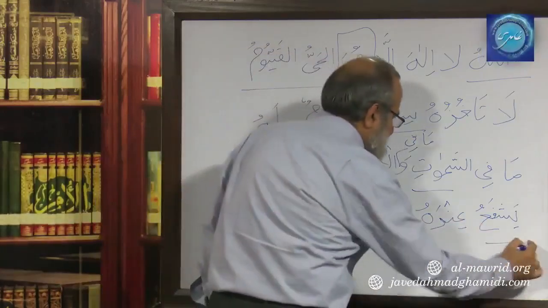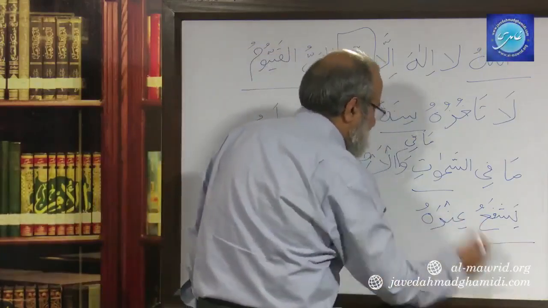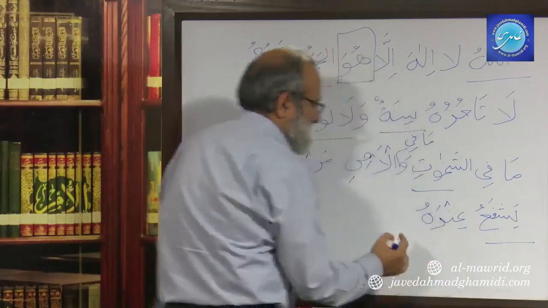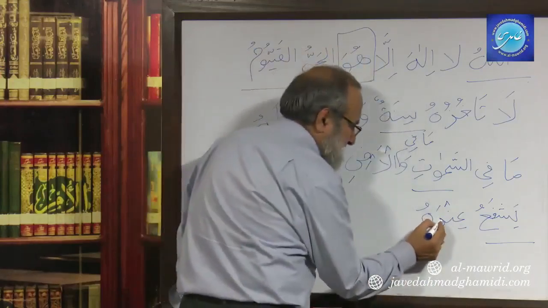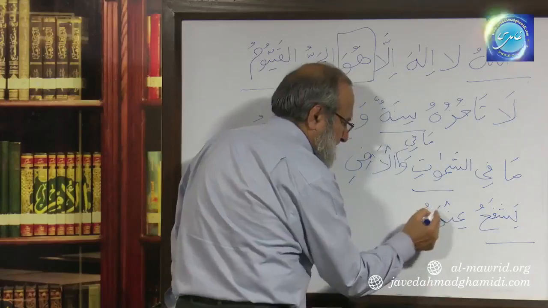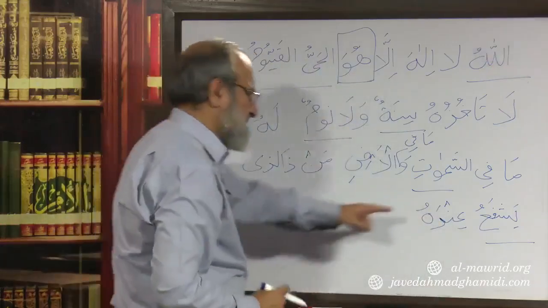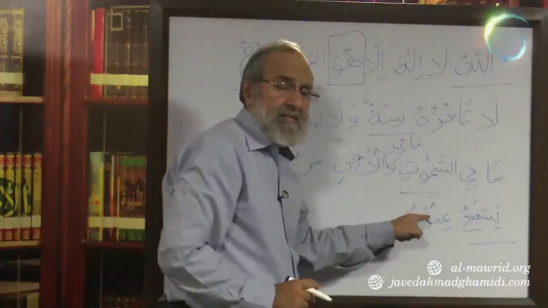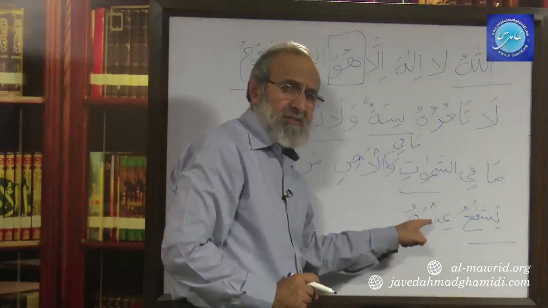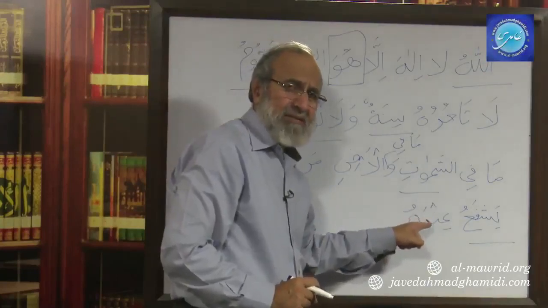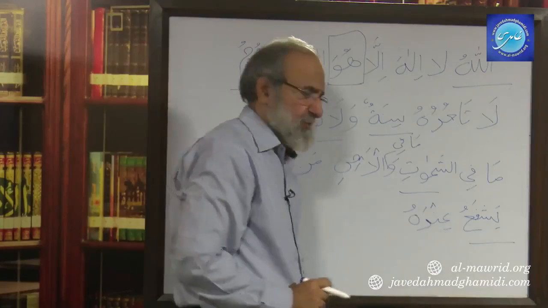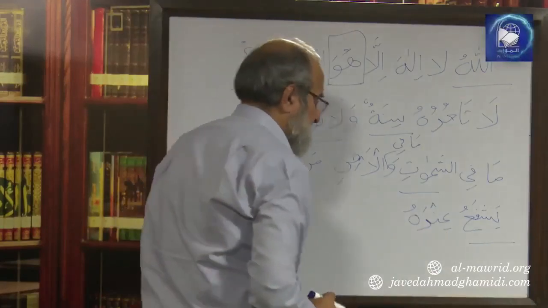Yashfa'u is a verb, intercedes or shall intercede. Indahu, before him. The only thing is that this inda, which is a noun, has a nasab at the top of it. We need to figure out later why this nasab appears when it comes to inda. And why is it one and not two, despite the fact that inda is not preceded by alif lam?